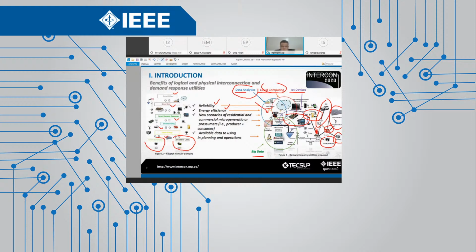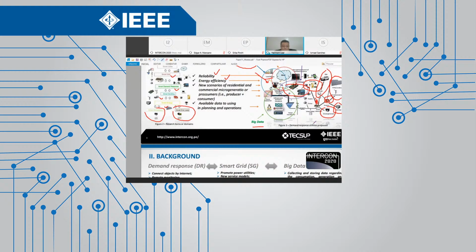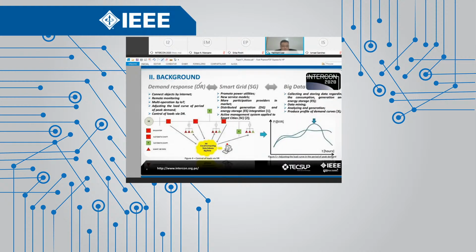This is the main difference between conventional energy systems and new energy systems like smart grids. All right. Our background is based on demand response that can use and provide connected objects by internet, remote monitoring of these loads, and multi-operation by IoT, adjusting the load curve, in this figure.